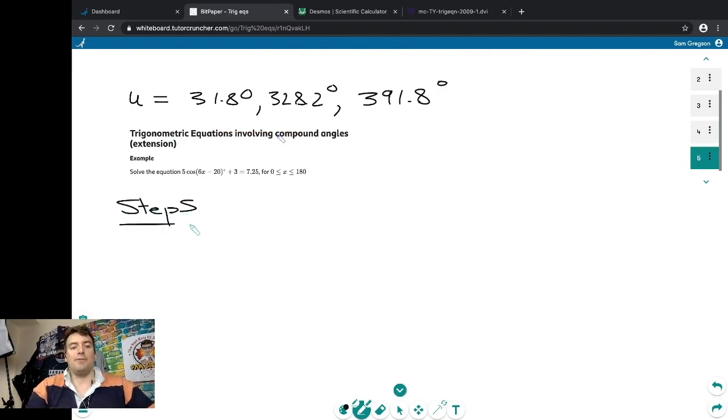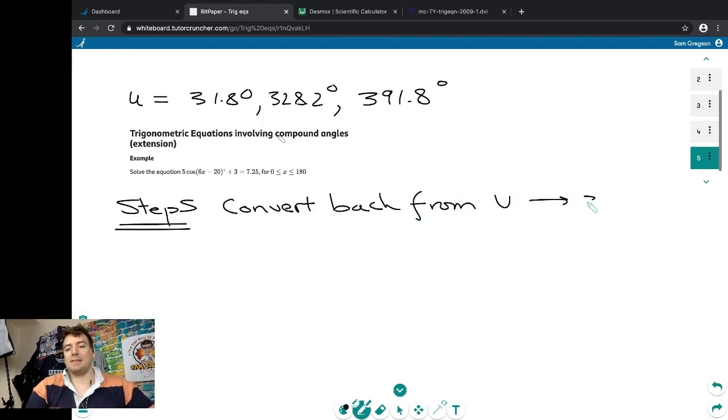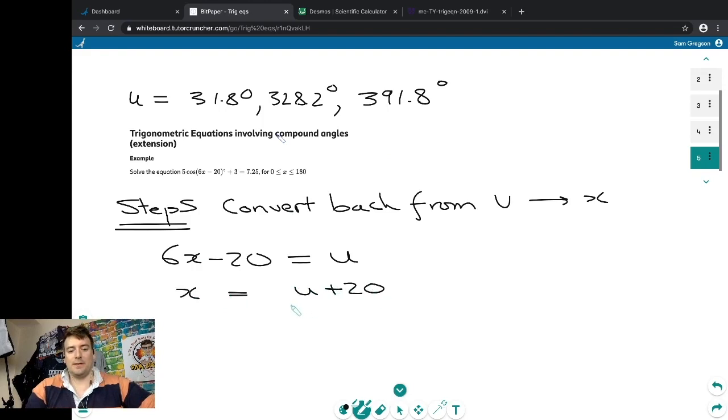So step 5 is to convert back from u to x. We used the substitution that 6x minus 20 equals u. So what will x be? x is going to be u plus 20, divided by 6.